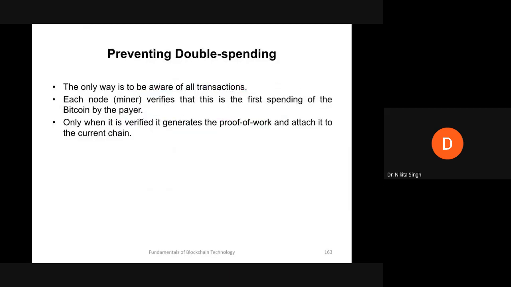Now if you talk about double spending, how could you not double spend a transaction? Since your Bitcoin blockchain consists of a history of all the transactions present, each node, before adding a transaction to the mining pool and even adding that transaction into the block, first needs to verify where that transaction is coming from.